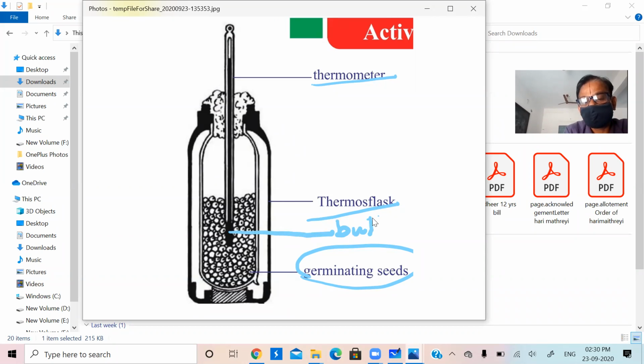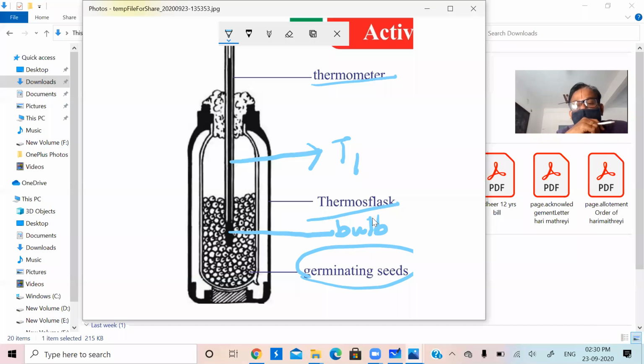This bulb should be immersed in the germinating seeds. After you keep the thermometer in the thermos flask, you see the temperature level. For example, you record it as temperature T1.